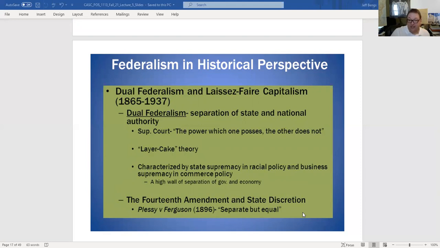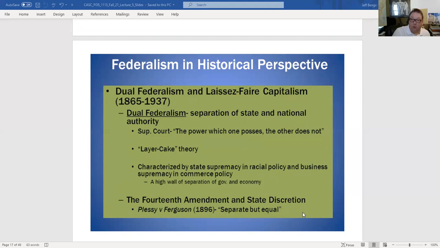What Louisiana had done was said that when it comes to riding a train, African Americans had to be in a separate car. They could not ride in the same car as a white American. Plessy did that, and he was found guilty of violating that law. So it went to the Supreme Court, Plessy versus Ferguson.